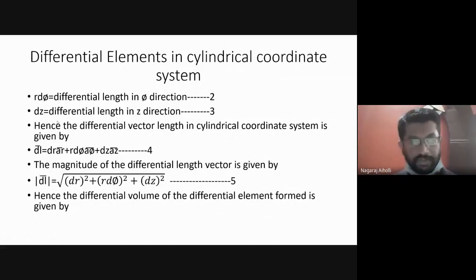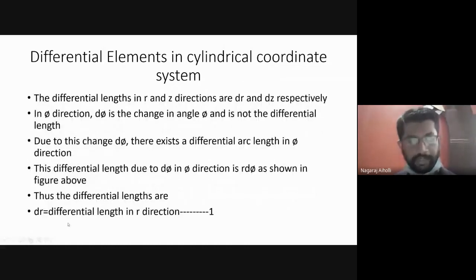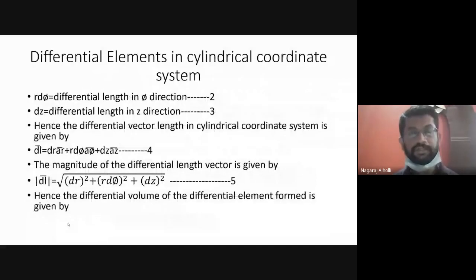So what are we getting here, students? Differential volume. One is dr, another one is r d phi, another one is dz. What will be the differential volume?